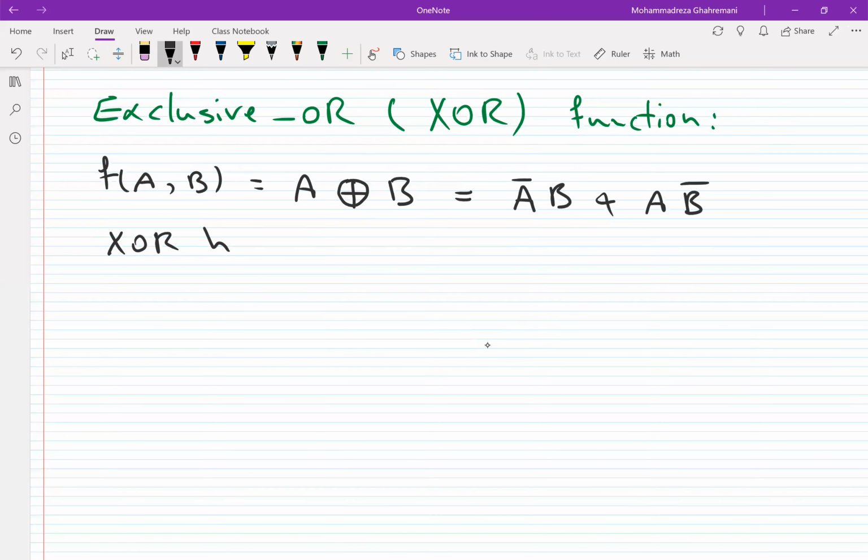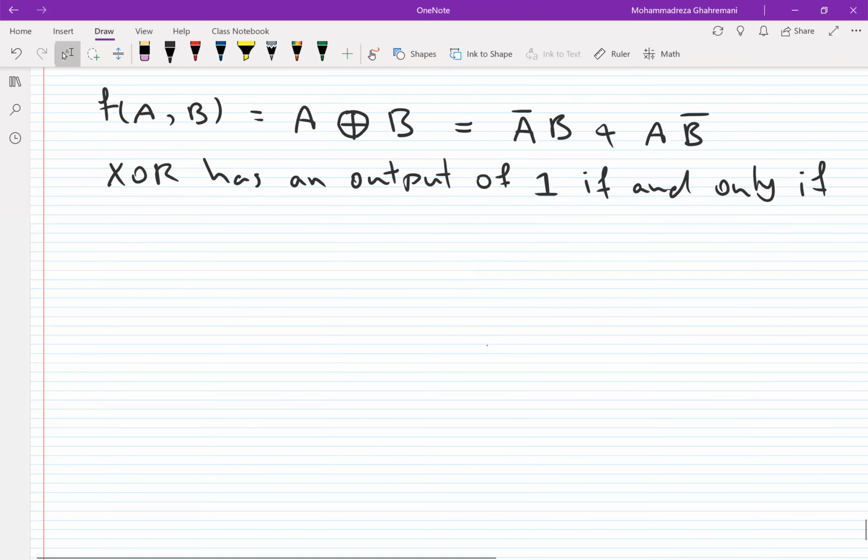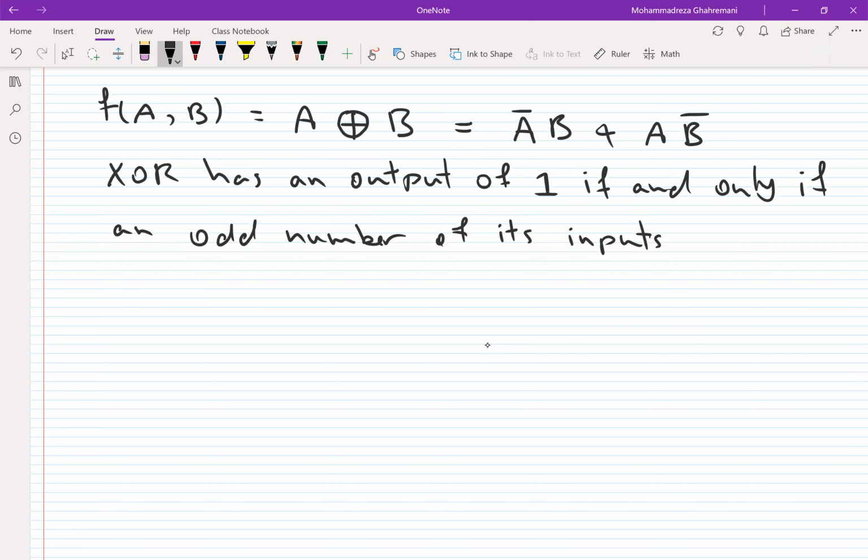XOR has an output of one if and only if an odd number of its inputs are one.